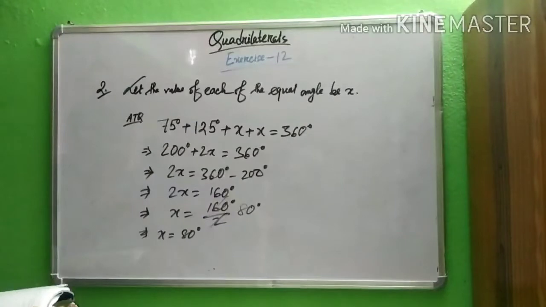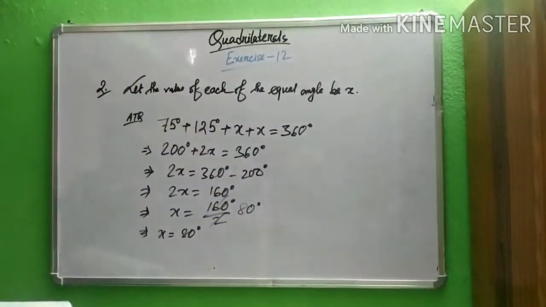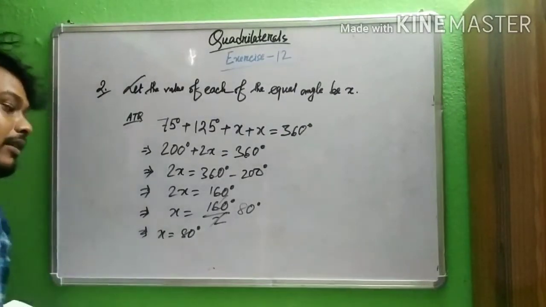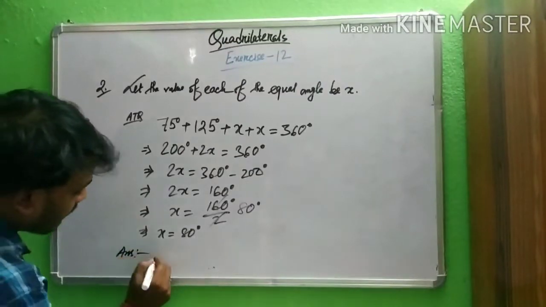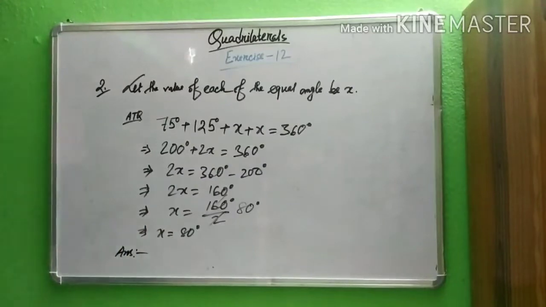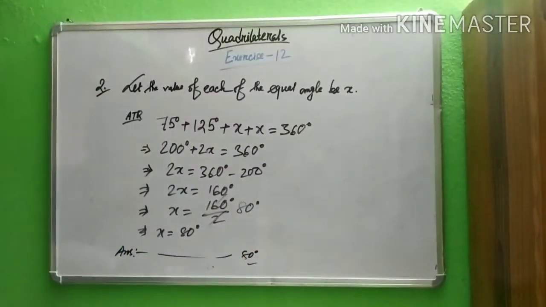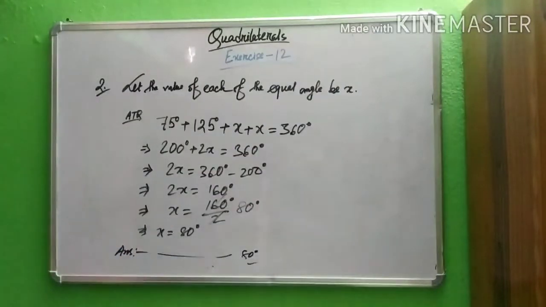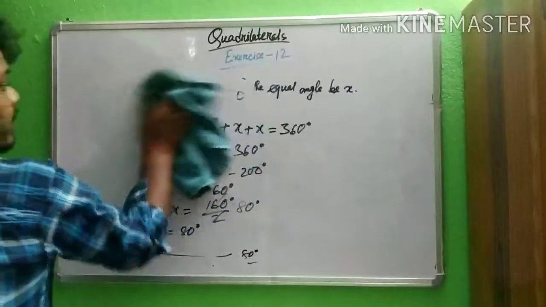Therefore the value of each of the equal angles is 80 degrees. So write the answer here: the value of each angle is 80 degrees. Very easy. So question number 2 is complete.